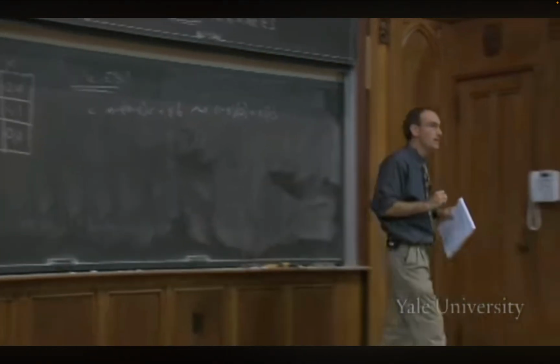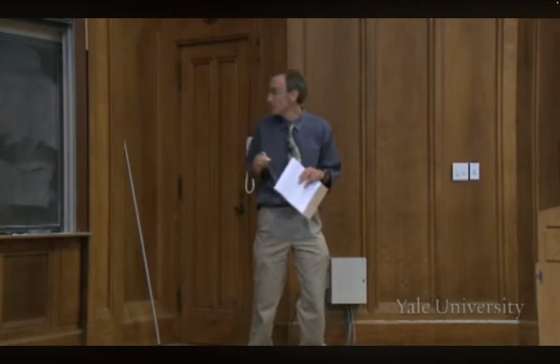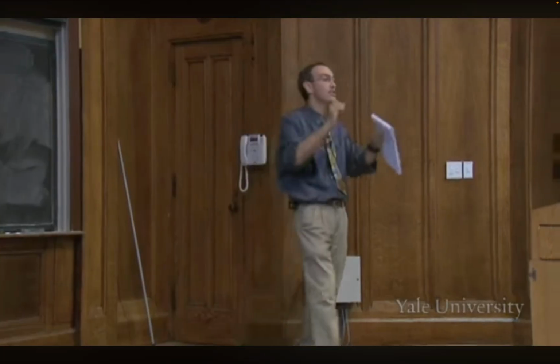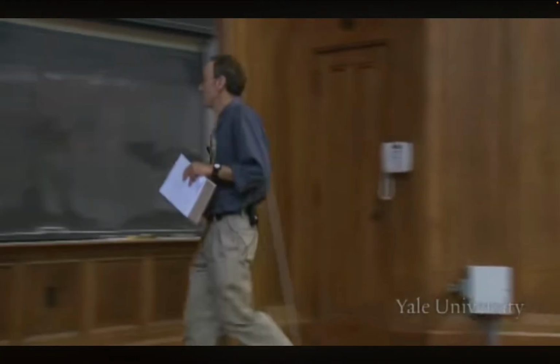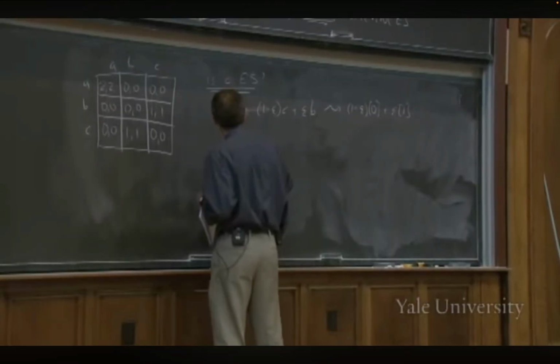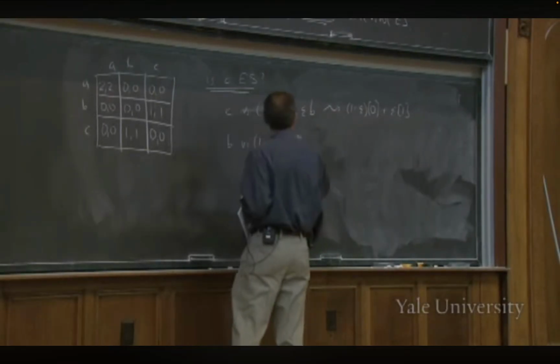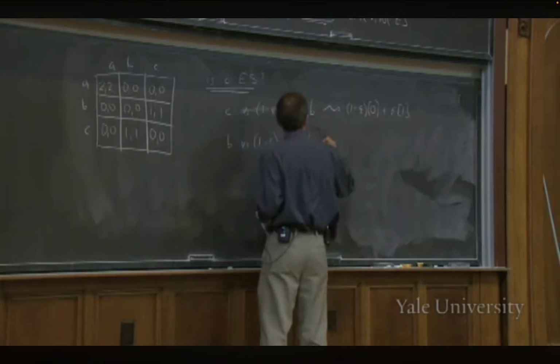All right, everyone agree with that? Right, so 1 minus epsilon of the time it meets itself and gets nothing. Epsilon of the time it gets lucky and it meets a TA and gets a payoff of 1. How about those B invaders, the TAs in the class? So 1 minus epsilon of the time, they're going to meet C's, and epsilon of the time they're going to meet B's.